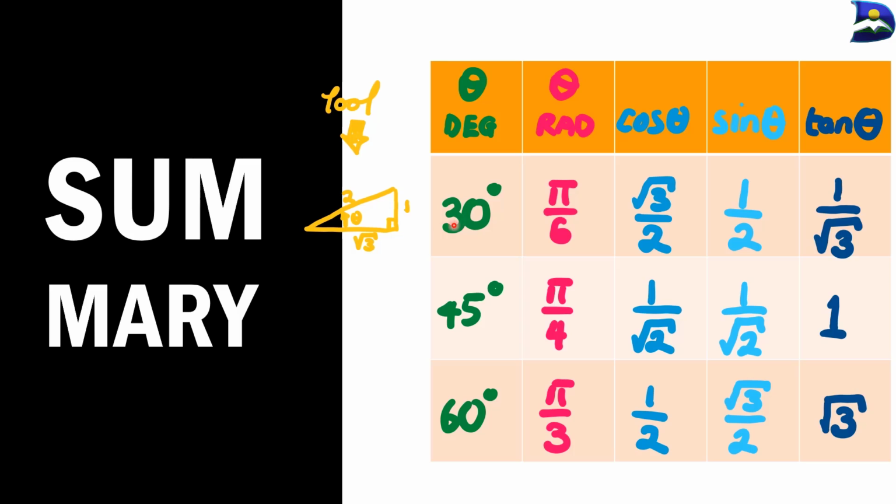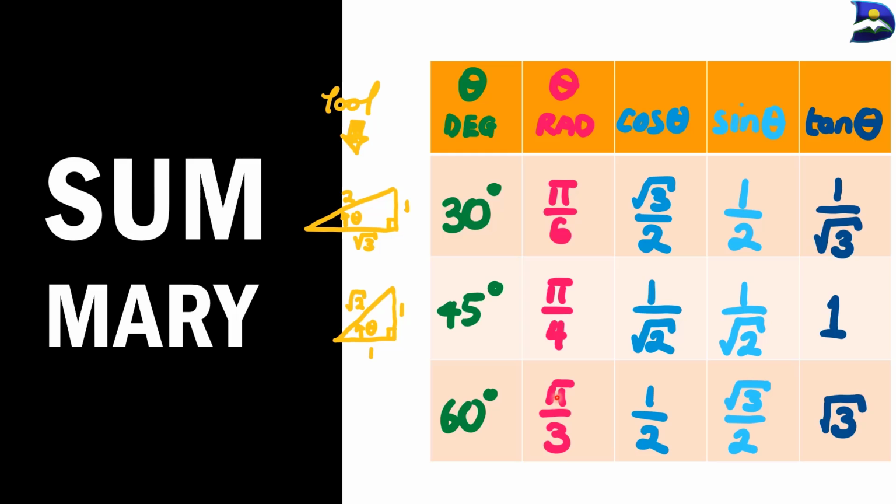We see that for 30 degrees, we have our opposite to be 1, our adjacent to be root 3, and our hypotenuse to be 2. On the other part, for 45 degrees or pi over 4, our opposite is 1, equal to that of our adjacent, and our hypotenuse is root 2.